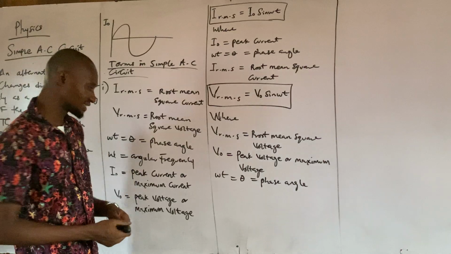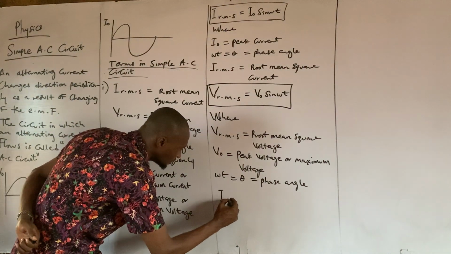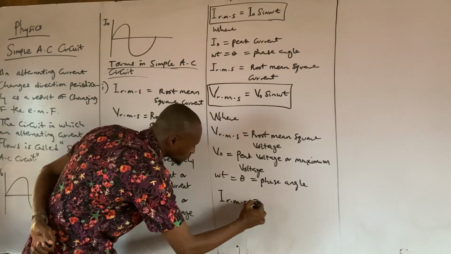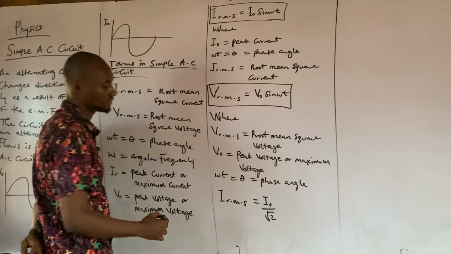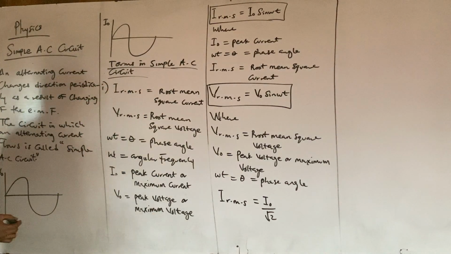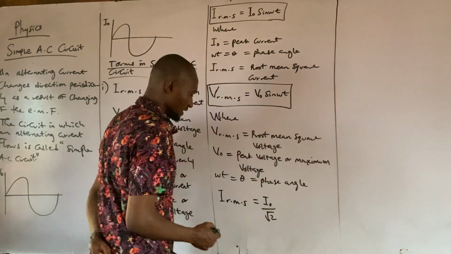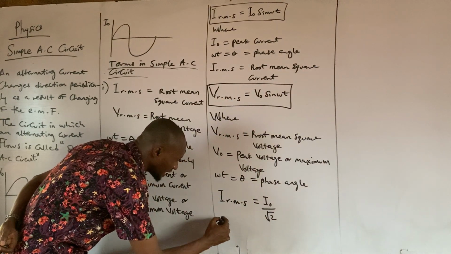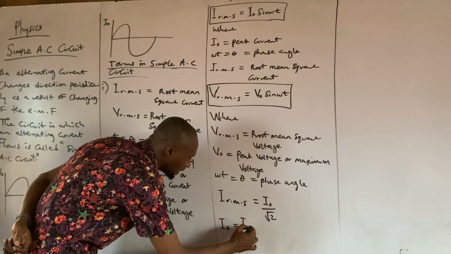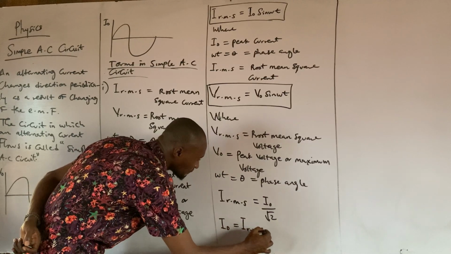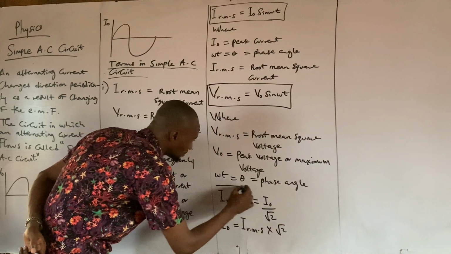Now, don't forget that I root mean square is also equal to IO over root 2. Are you there? That is to say that if you make IO the subject of the formula, IO is equal to root mean square current times root 2. You need to note these formulas.